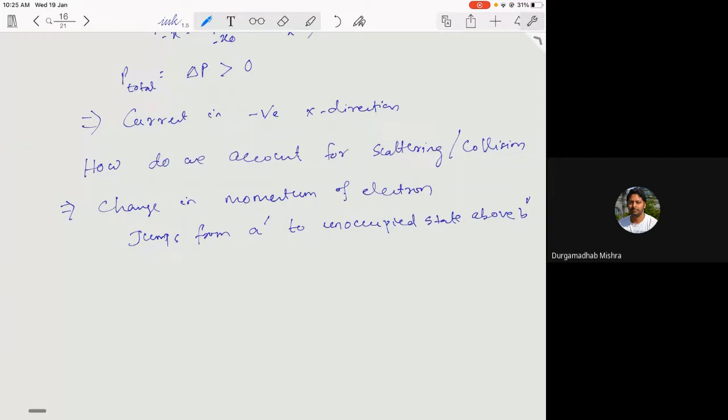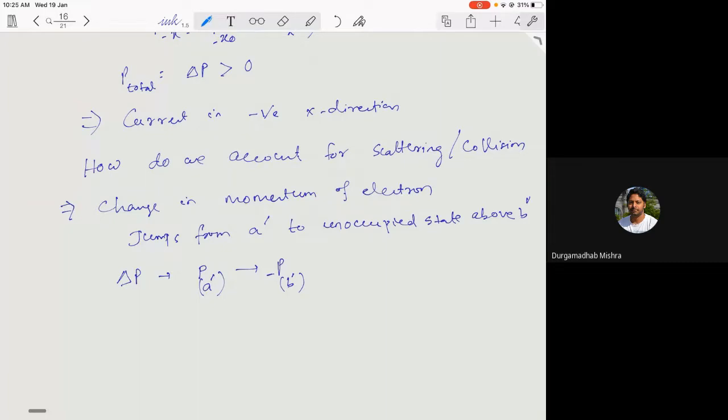And now in the scattering process, there is a change in momentum. So where will this extra momentum come from? There is a change in momentum, delta P, due to the transition of the electron from momentum P at A prime to minus P, something like B prime.